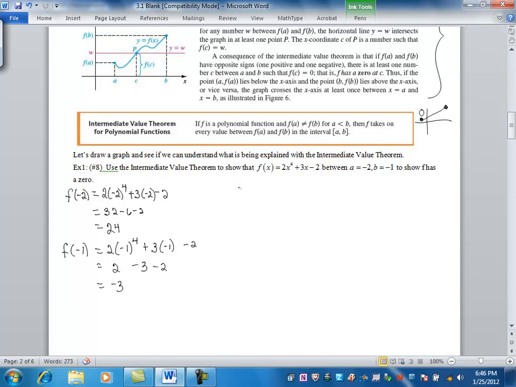And so since f of negative 2 is greater than 0 and f of negative 1 is less than 0, then this means that f of c has to equal 0 for some value of c in the closed interval, negative 2 to negative 1. And that shows us how the intermediate value theorem works.